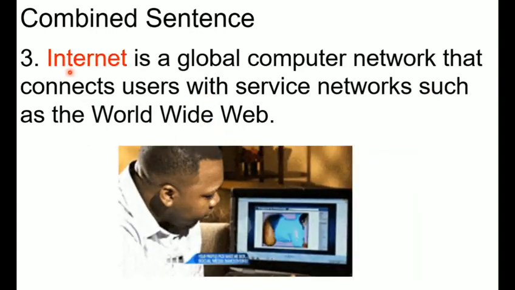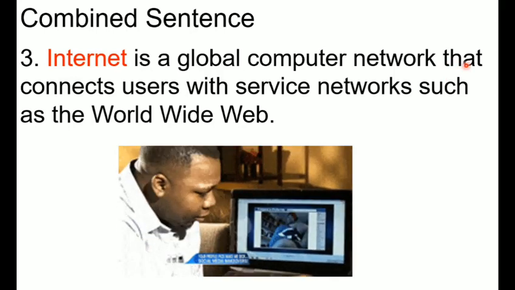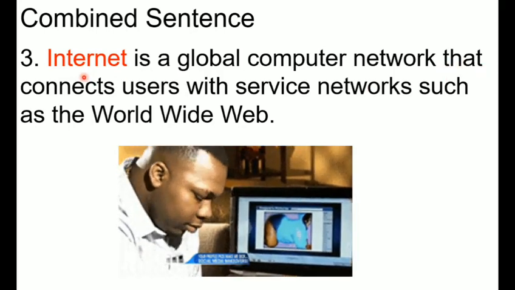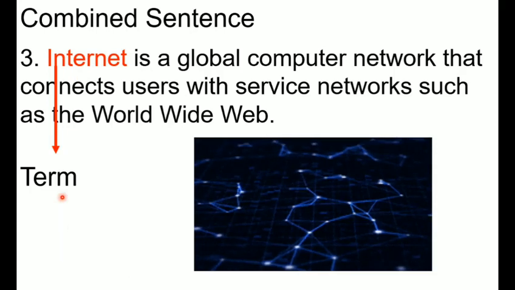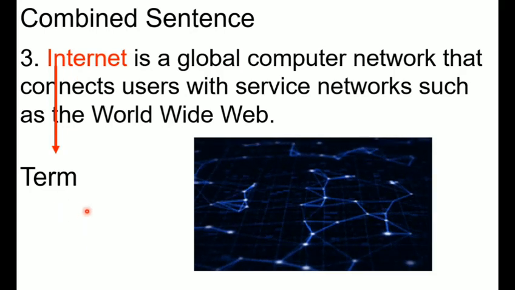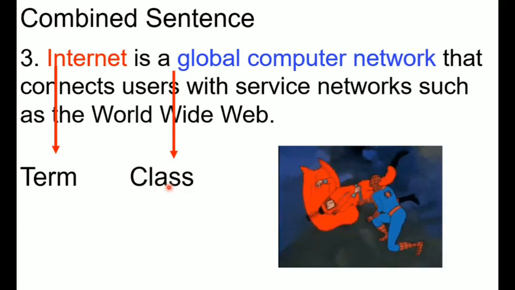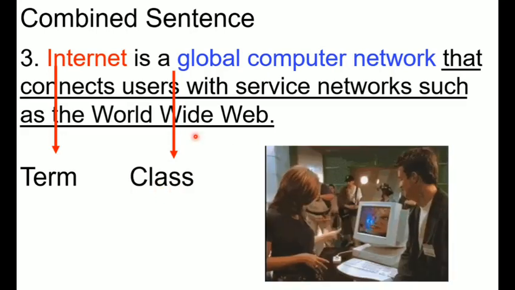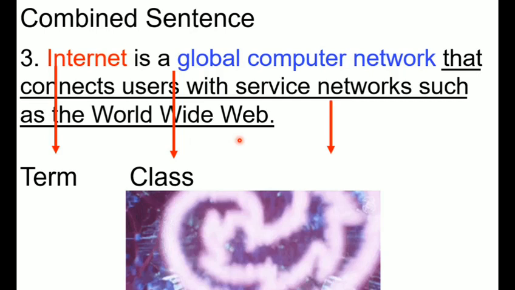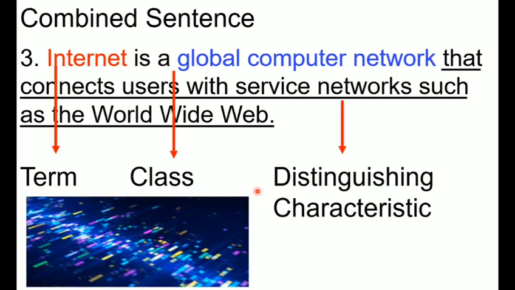Okay. Gumamit tayo dito ng relative pronoun na that. And then internet here is our term, and then global computer network is our class, and the underlined word is our distinguishing characteristic.